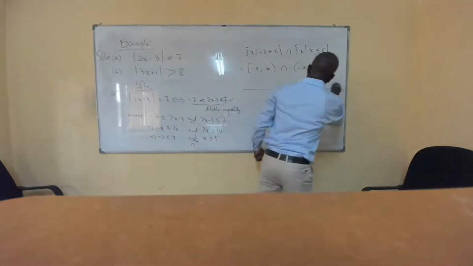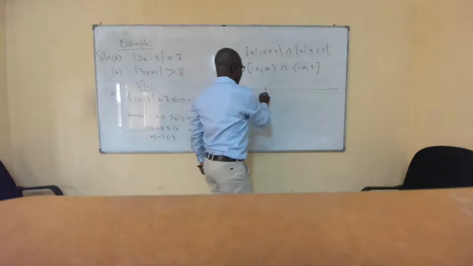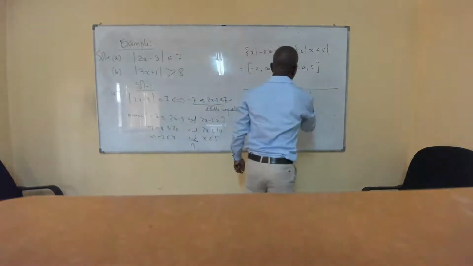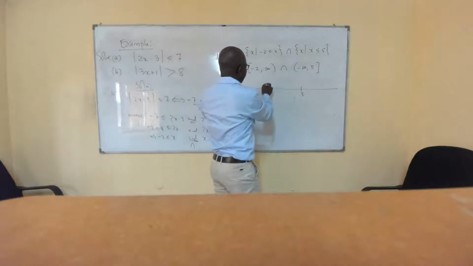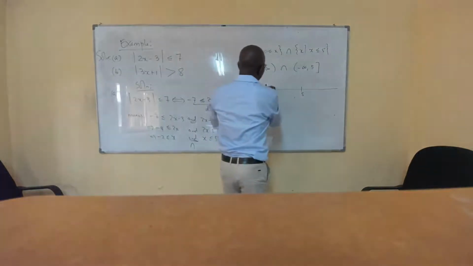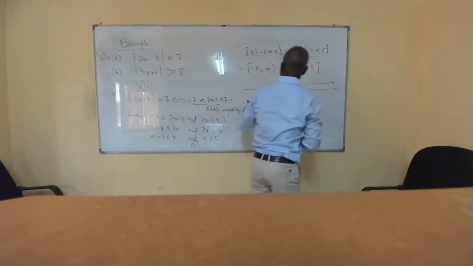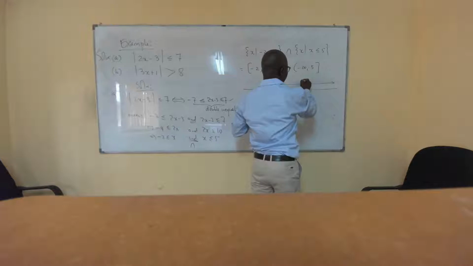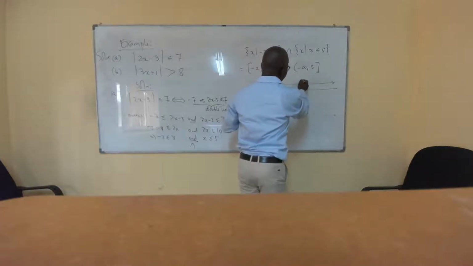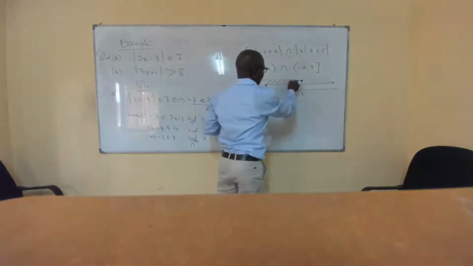If you use the number line which we exhaustively looked at, you have minus 2 here and you have 5 here. This one goes toward positive infinity, and for this one, it's including the endpoint and we're going to the left. So the intersection is this part.